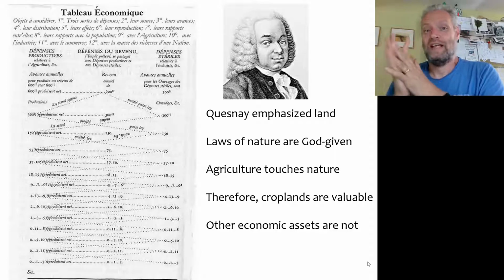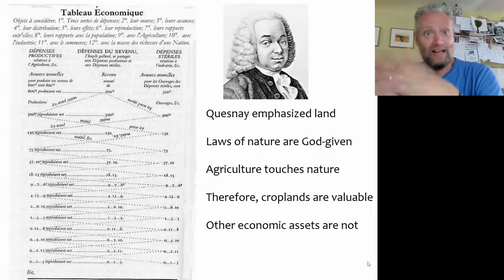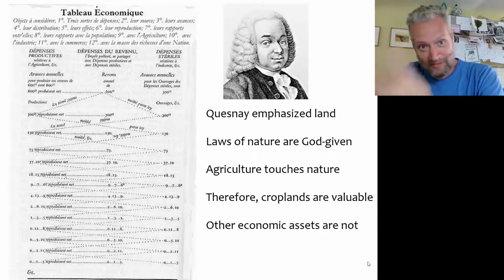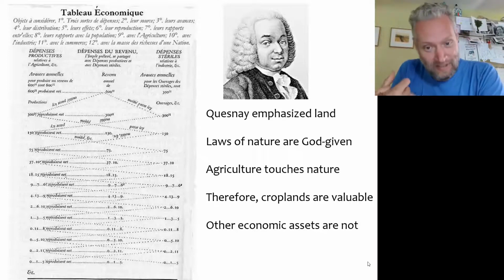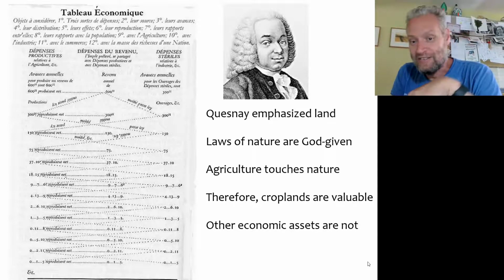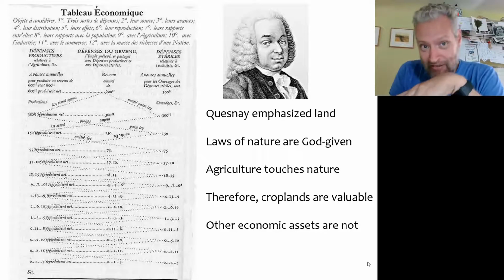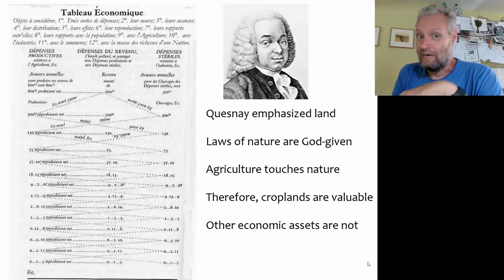And therefore the things that agriculture does, not so much the things that farmers do, but rather the things that the land and the soil and the water and the rain and the sun do, that is determined by the laws of nature, that is written by God, and that is how value is created. Other economic activities, such as manufacturing or trade, or even the work that farmers do on the land, that is not really valuable.